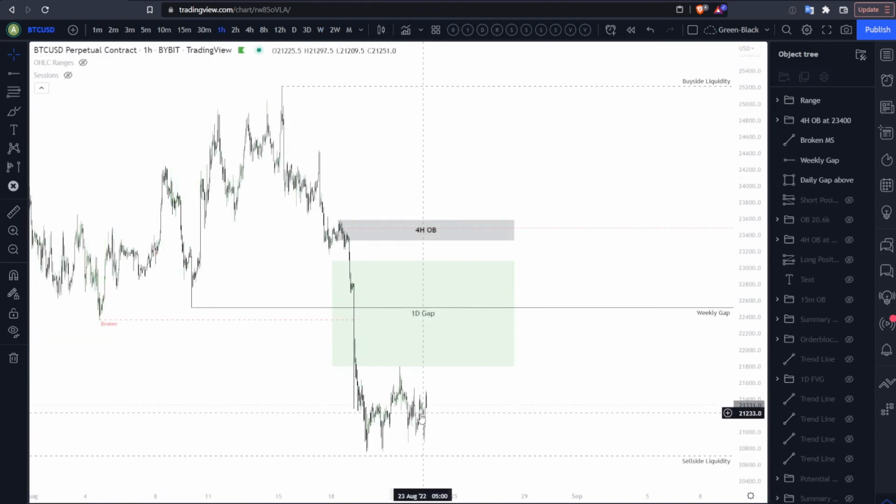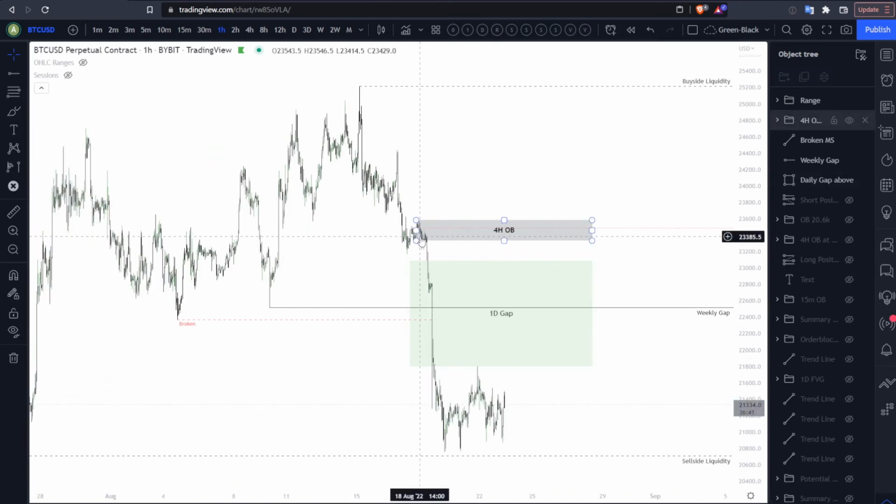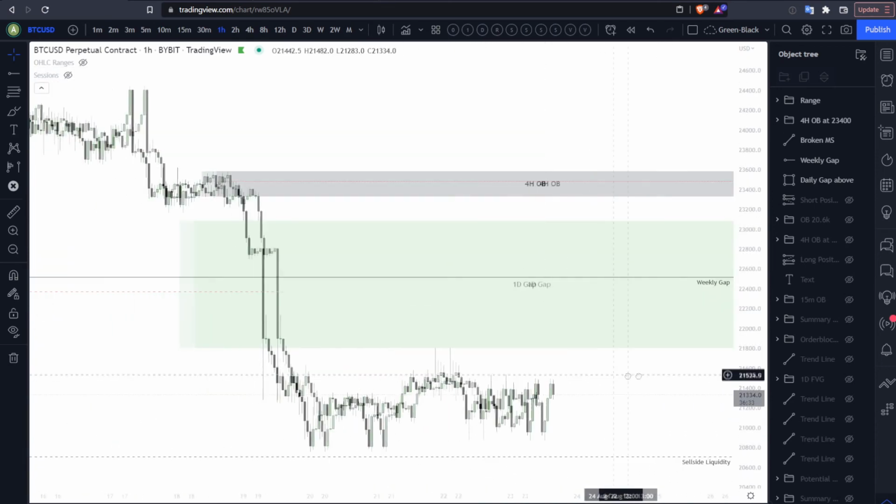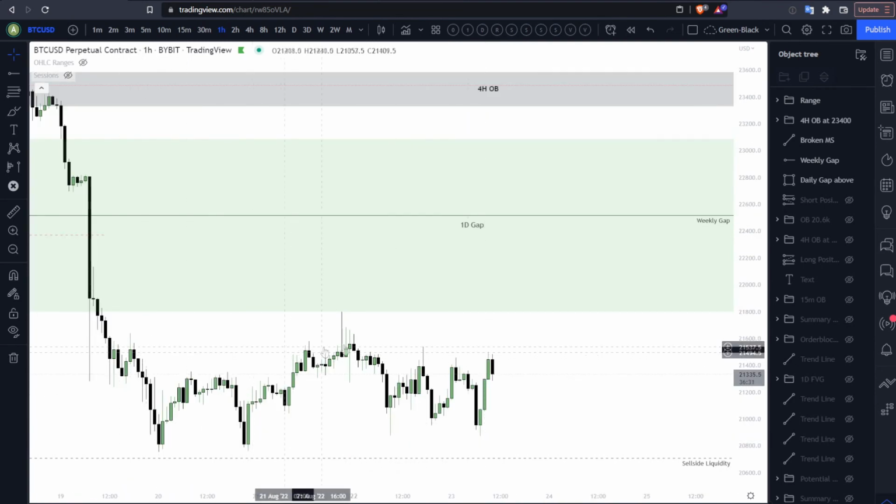Now in the past 4 days, once we moved lower, we practically moved sideways, building liquidity. The shorts were already partially taken out on this candle. Anybody who shorted in this area got taken out. But longs were still not taken out.